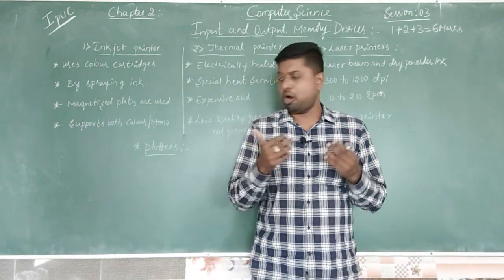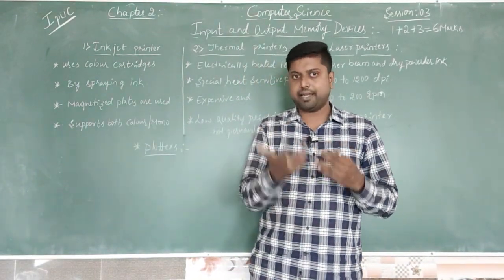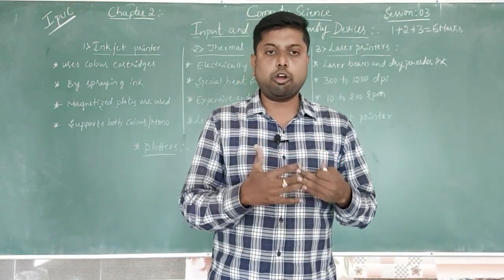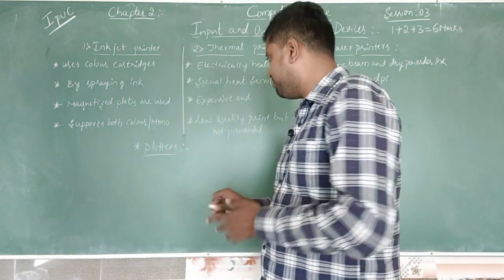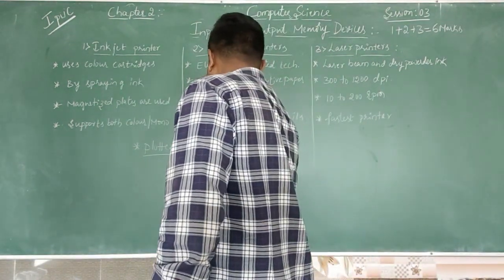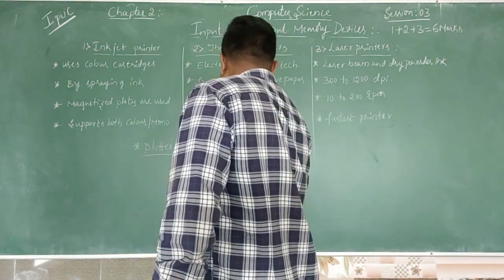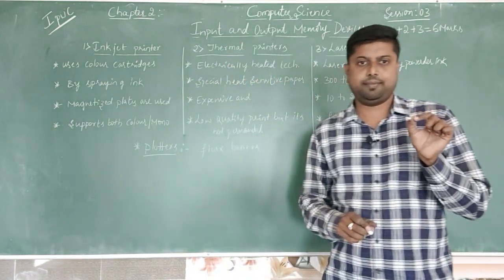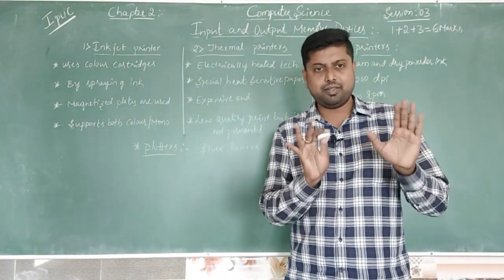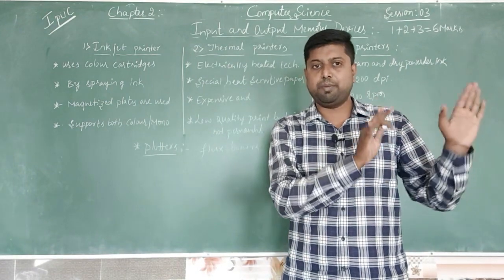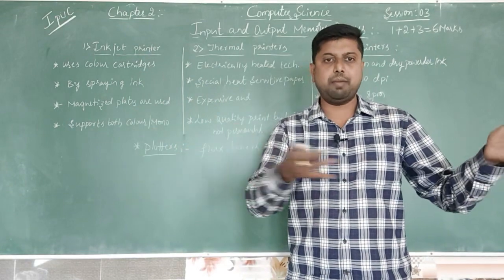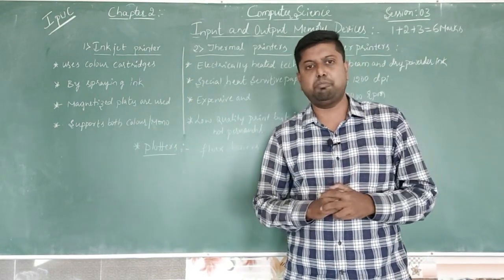A plotter is a hardware device. It acts like a printer, but prints large documents like flex and banners. That means it is also a type of printer. It will print the document bigger in size, large documents such as banners and flexes. So this is the plotter, dear students.